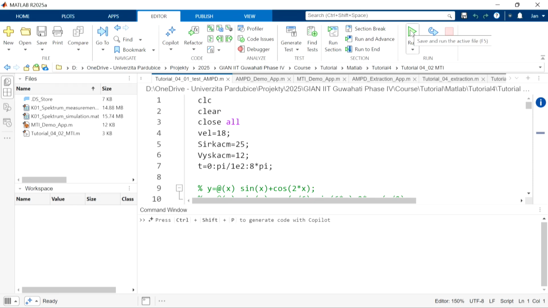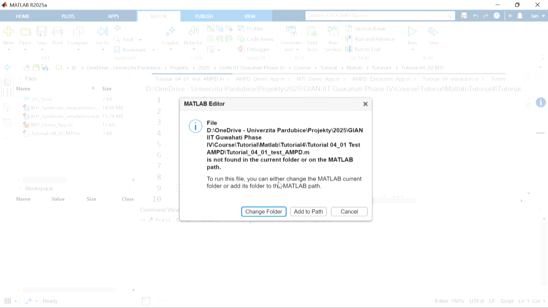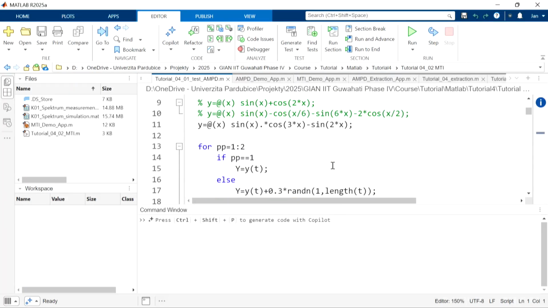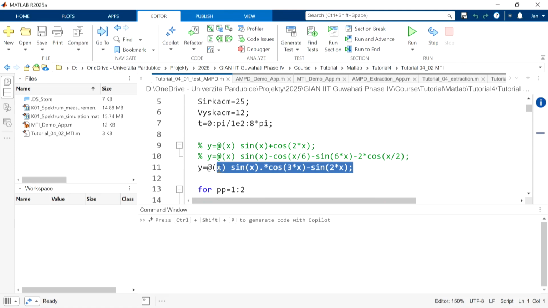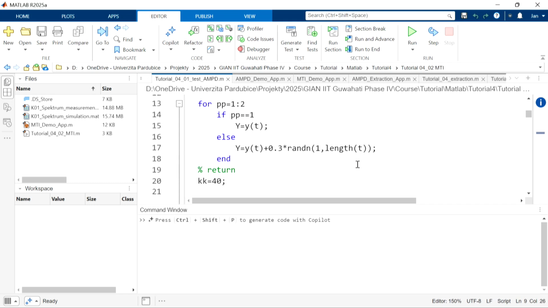Do you have the tutorial ready? Good. And now please just start with this type of signal. Later you could play with other types of signals. So the last one, and base kk parameter is 40.